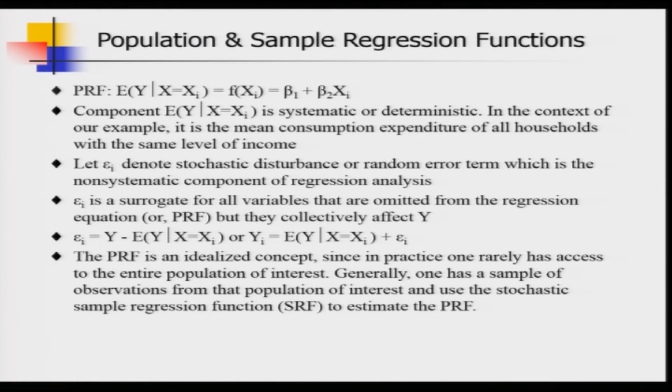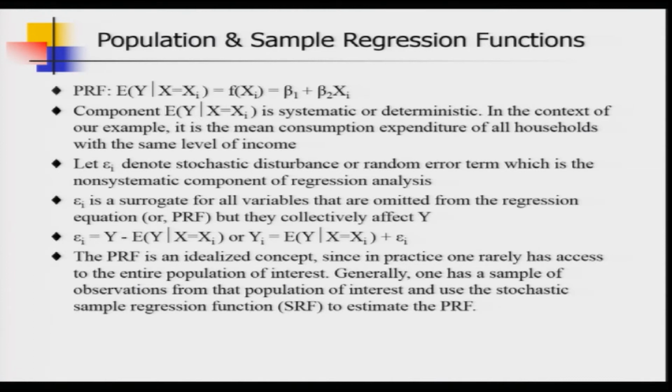So, I write epsilon i as the difference between the actual observed value of the dependent variable y and the conditional mean, that is expectation of y given x equal to x i, or that can be simplified by this expression. y i, the original observation, the value of the dependent variable y for the ith individual, now can be broken into two components.